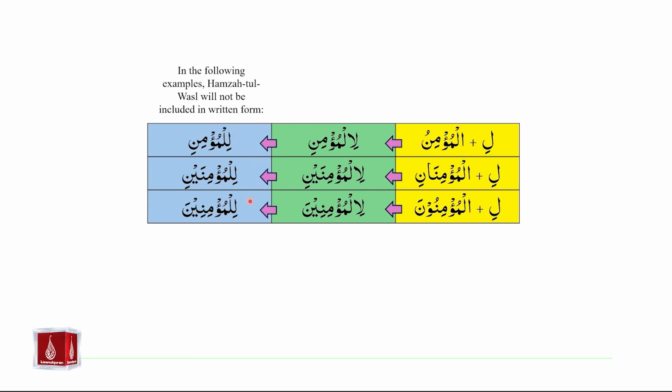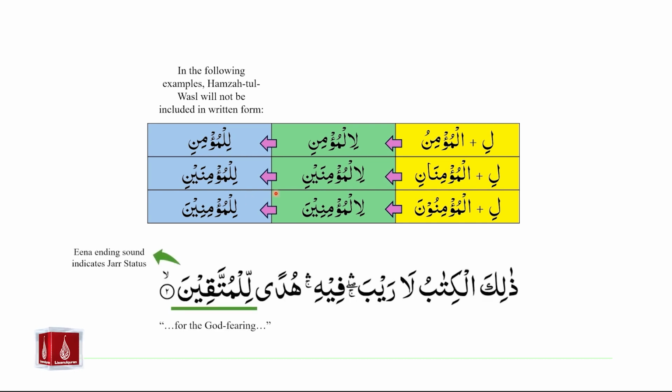An example from the Holy Quran, from Surah Al-Baqarah, ذَلِكَ الْكِتَابُ لَا رَيْبَ فِيهِ هُدًى لِلْمُتَّقِينَ. So here we have lil muttaqina. We are not writing hamzatul wasl after lam harf jar. Please also note that after lam harf jar we have al muttaqina.